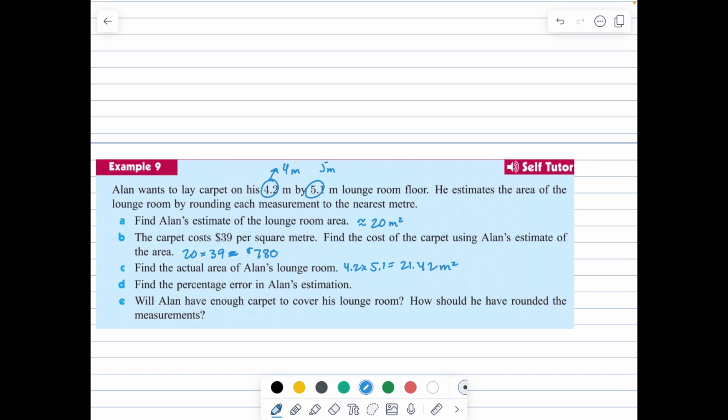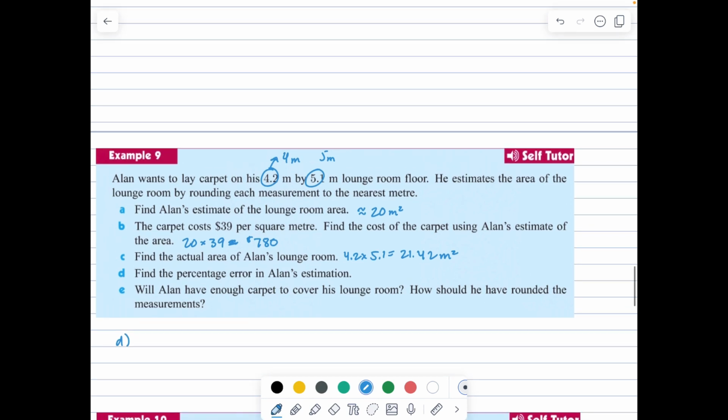Okay, so in this case, the actual area of the room is 21.42 meters squared, and now we want the percentage error in Alan's estimation. So for this, I'm going to go down here, part D, we want percent error, which we just do the absolute value of the difference between his estimated 20 and his exact 21.42 over the exact.